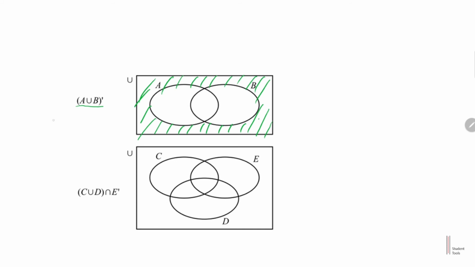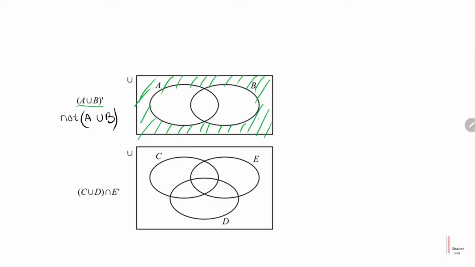So this statement here actually means not A union B. So that is why we shaded the outer part, because A union B will be this one. But then the question doesn't want this.